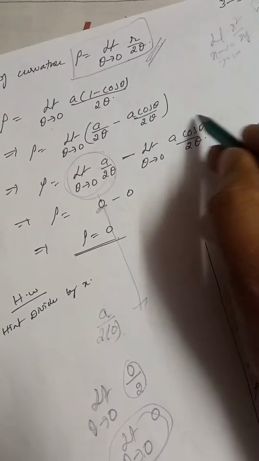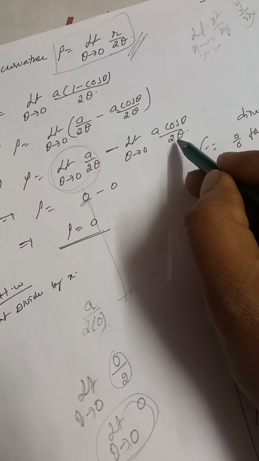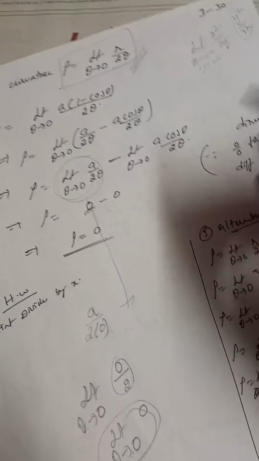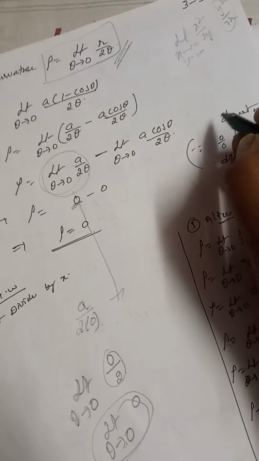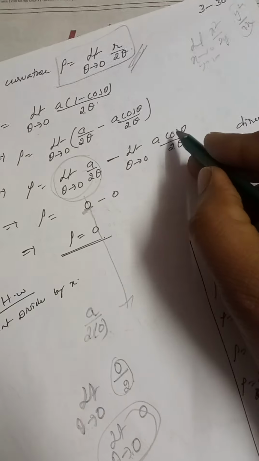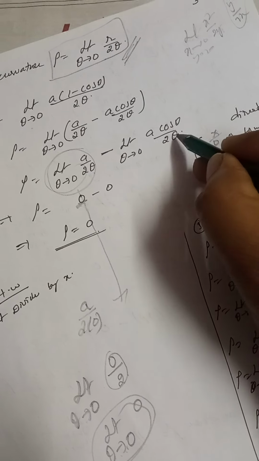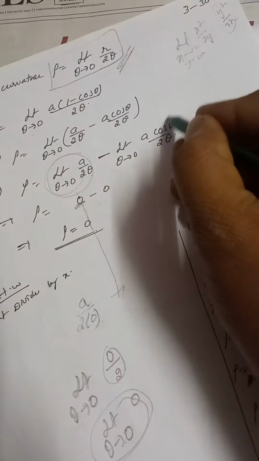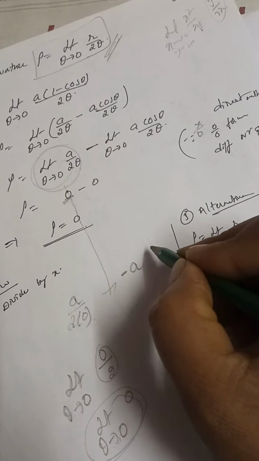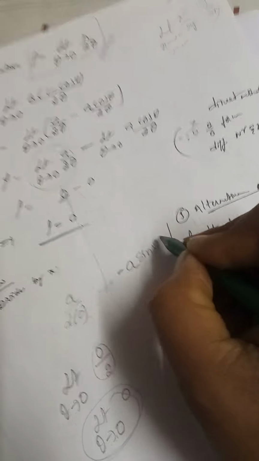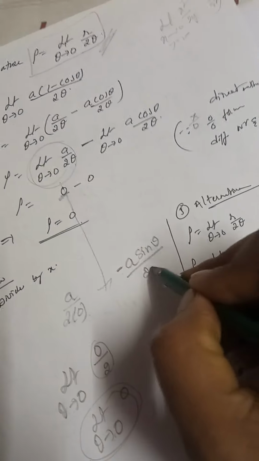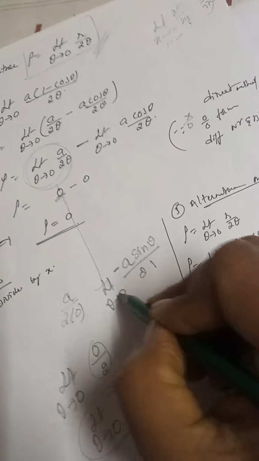Similarly, now you have to differentiate the numerator as well as the denominator. Why? If you apply the limit and get something by 0, which is an indeterminate form, 0 by 0 or some constant by 0, these are called indeterminate forms. Then what should we do? We have to differentiate the numerator as well as the denominator. Look, what happens if we differentiate this particular term? a into differentiation of cos theta is sin theta with minus sign, by denominator differentiation of 2 theta is 2 into 1. Now you apply the limit as theta tends to 0.